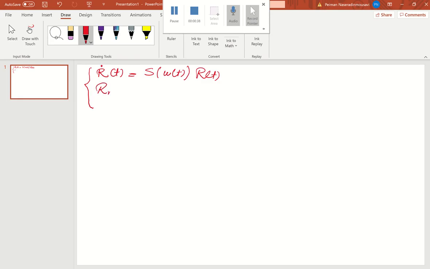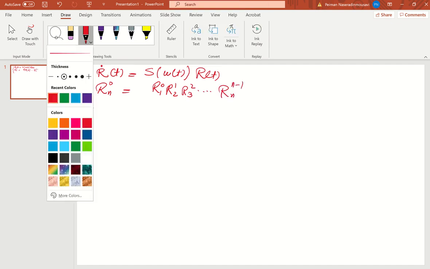And the end effector rotation matrix with respect to the base coordinates is, as you know from the previous classes, R1 with respect to 0, R2 with respect to 1, R3 with respect to 2, and finally Rn with respect to n minus 1.